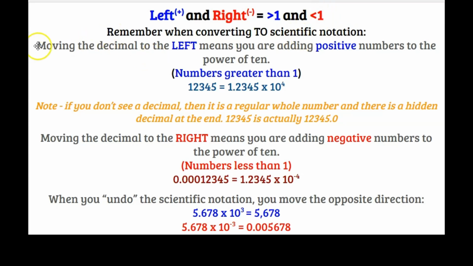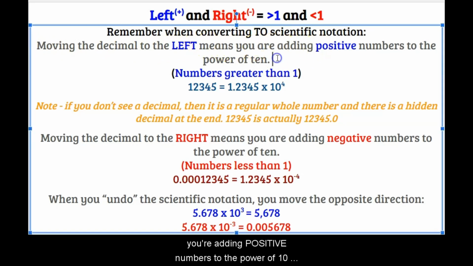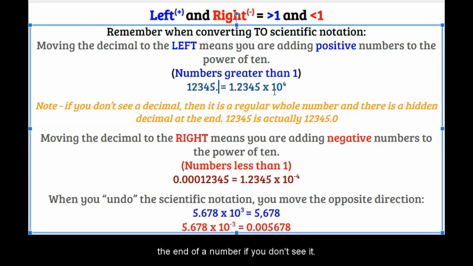So, if you move the decimal left, you're adding positive numbers to the power of 10, and this is for numbers greater than 1. For example, if you have 12,345, here is a hidden decimal point. It's always hiding right at the end of a number if you don't see it.